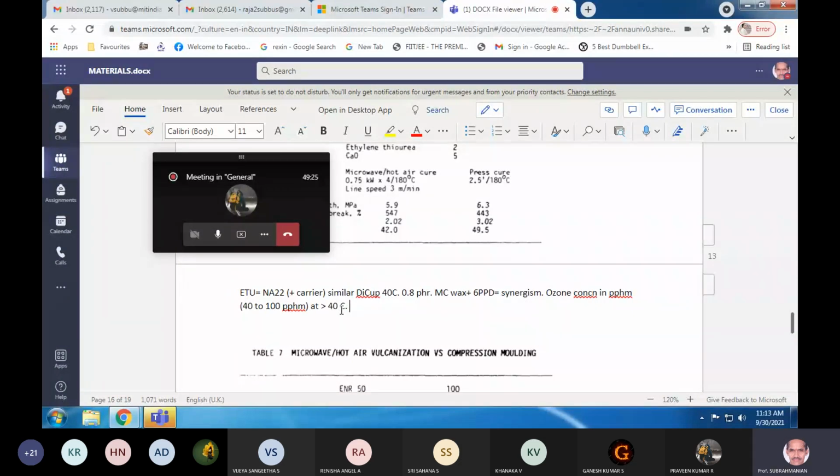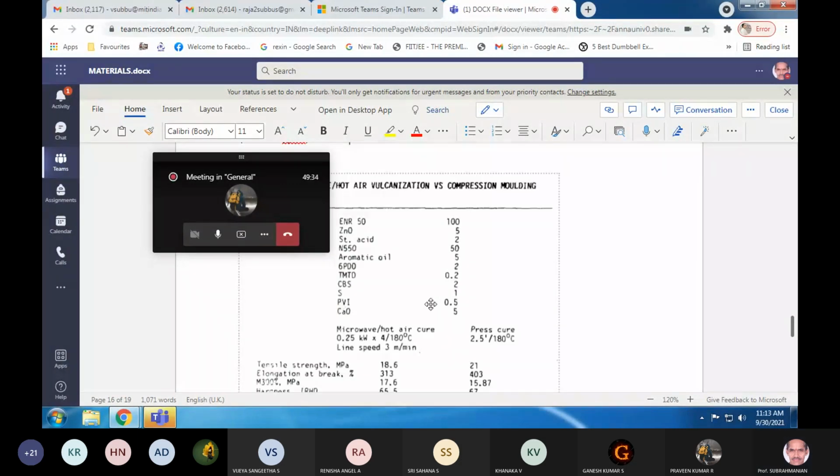Okay. All right. So this is maybe one of the rare formulations we come across on ENR. ENR, calcium oxide and zinc oxide.